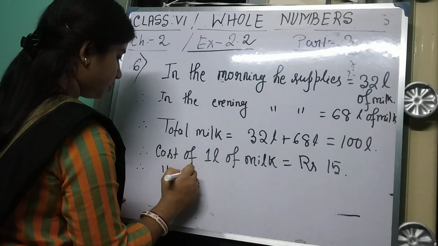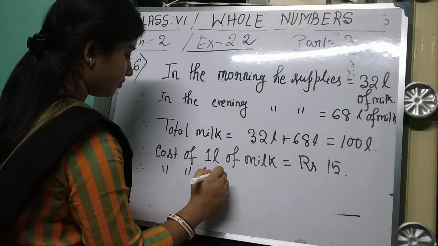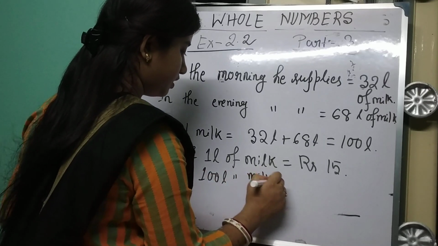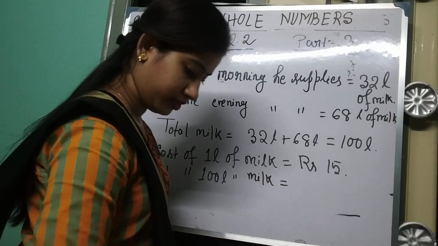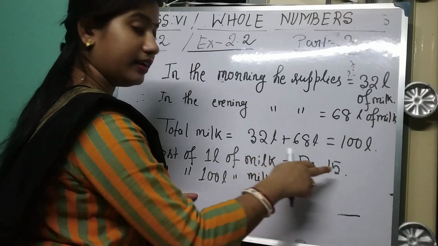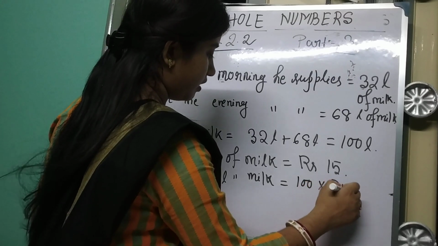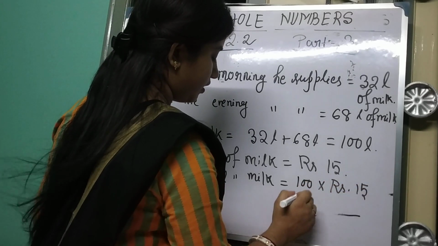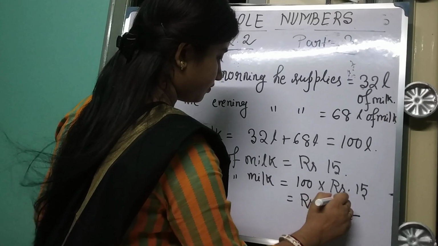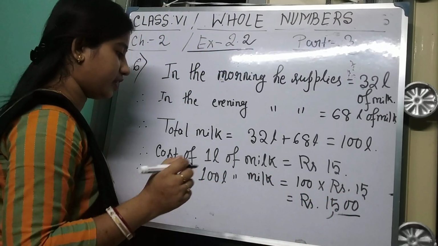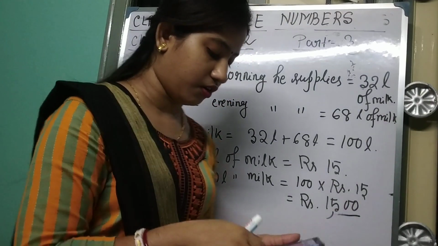So the cost of 100 liters of milk is equal to 100 into 15. 100 into 15, I get rupees 1500. This is the total cost of milk.